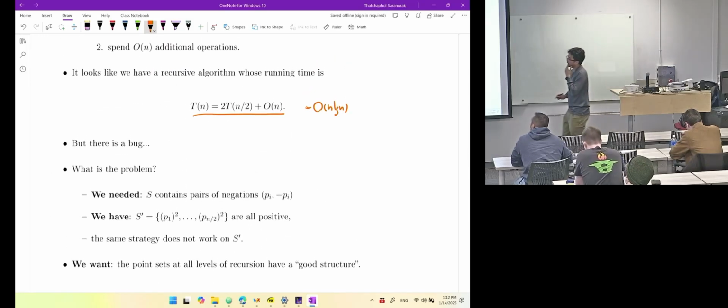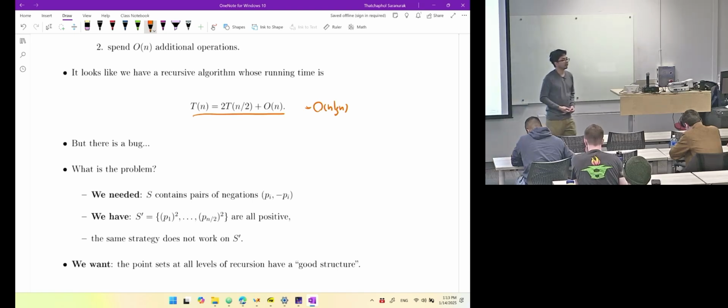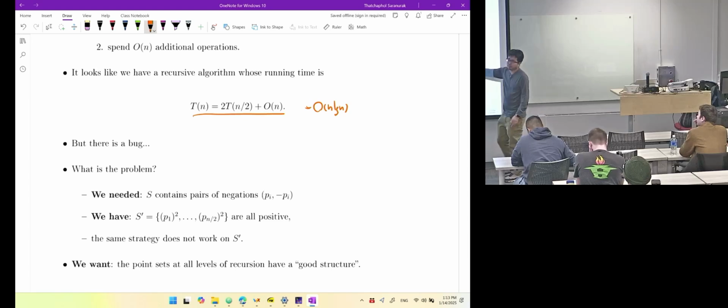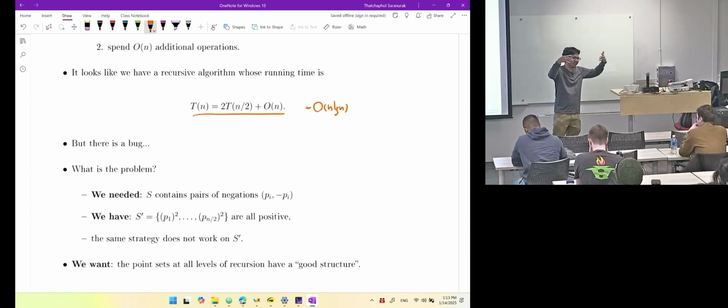Before I go on, I want people to ask questions. Is everyone on the same page? So are the points at S that you pick, now we pick positive, negative to take advantage of the recursive nature, but are the points that you pick arbitrary otherwise? Previously the point set that our negation pair was arbitrary.